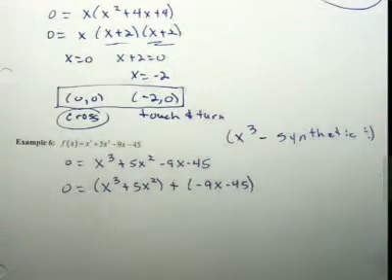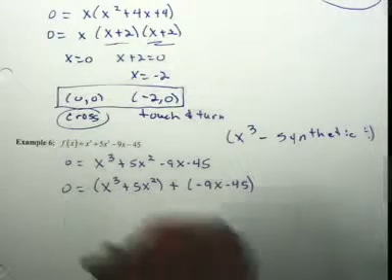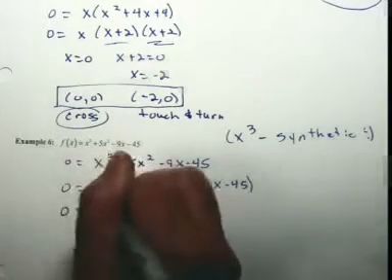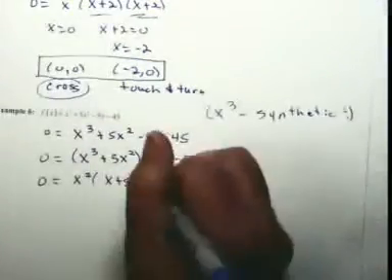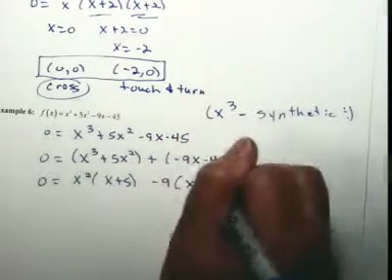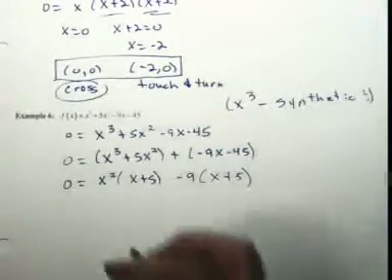Now, if this didn't work, if I couldn't solve it by factoring, I would then go ahead and use synthetic division. And I think there's one on the homework that you do have to use synthetic division. But if you can solve it by factoring, sometimes that's just a little bit quicker.